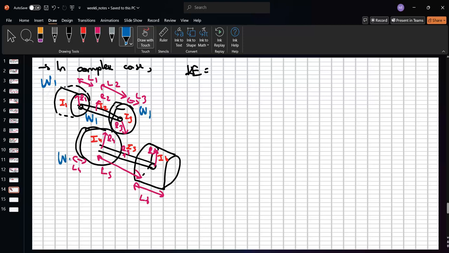And so I4, I5 and I6 should be rotated at the speed of the W2, right?